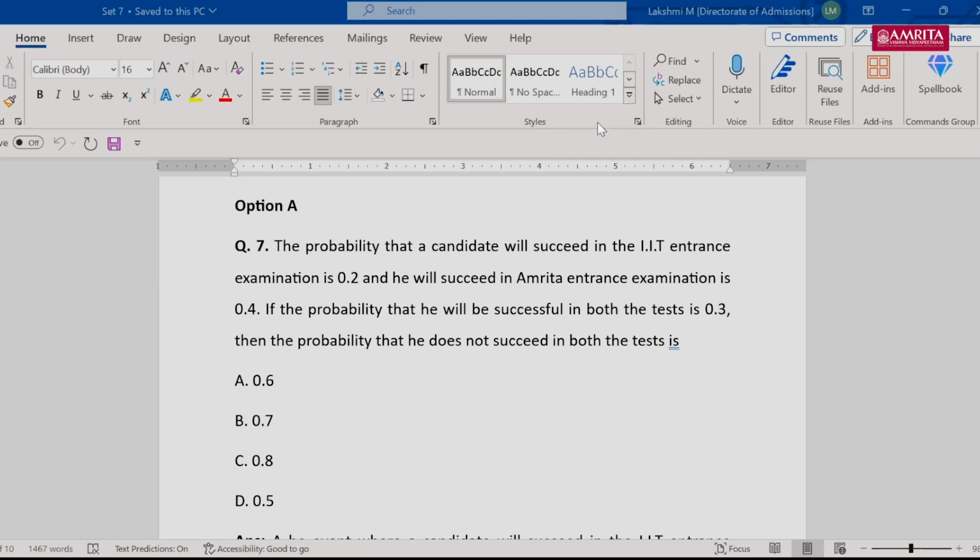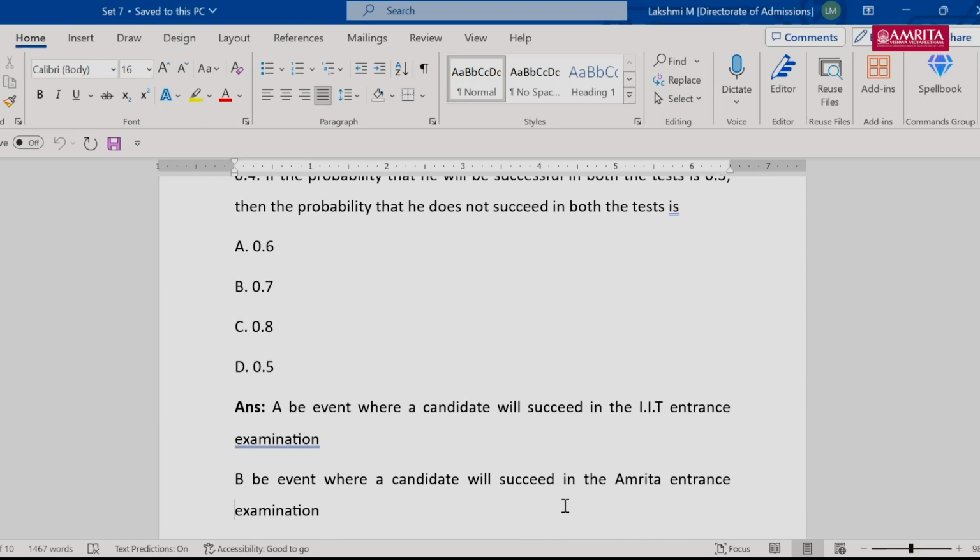Still there is A, B. Just be careful. This is a very simple question. You can't make this wrong. It's like a tie between option A and option B. Now all the options are here in the chat box, A, B, C, and D. So I think we'll just discuss.